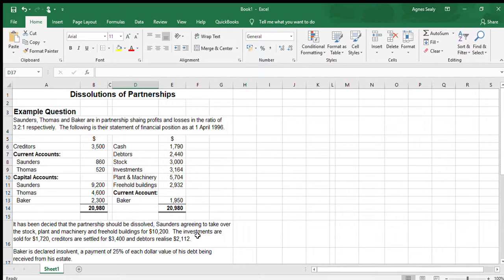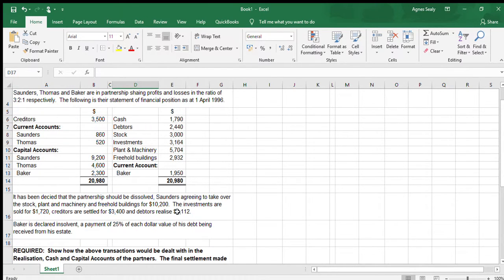Now, Baker has a debit balance on his current account of $1,950. This stands to reason that this is the amount that Baker owes the partnership because he has withdrawn too much. However, Saunders and Thomas have money due to them on their current account.